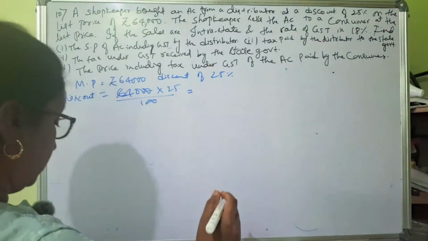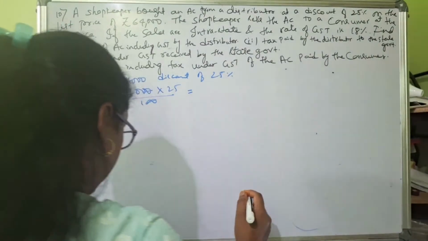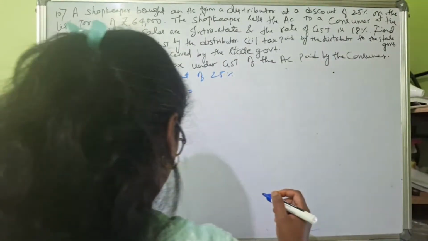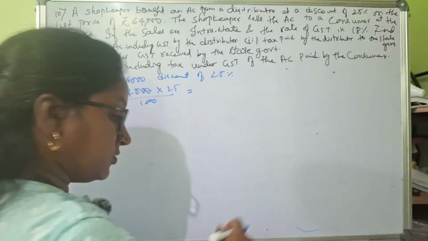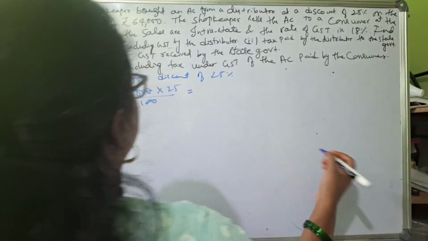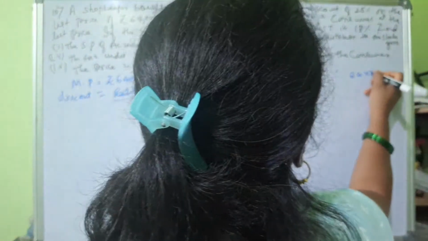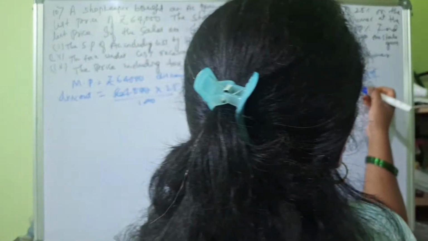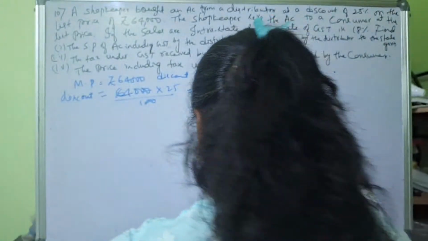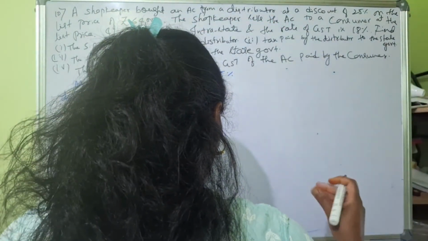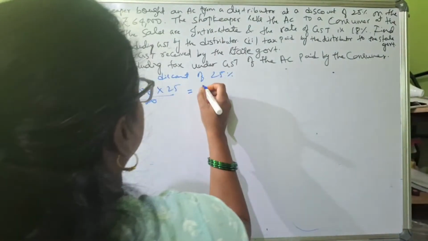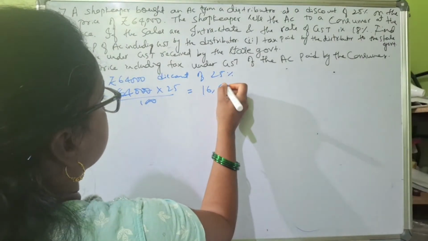So discount is 64 into 25, which is 16,000. So 16,000 is the discount.